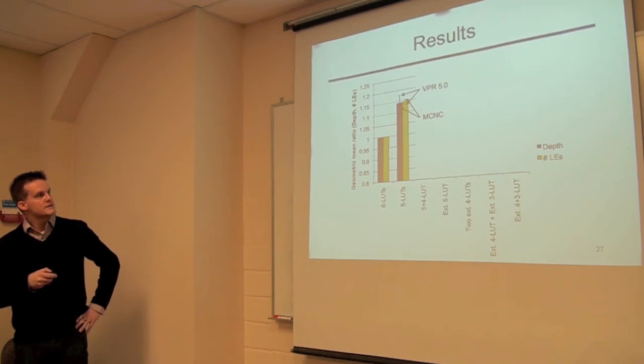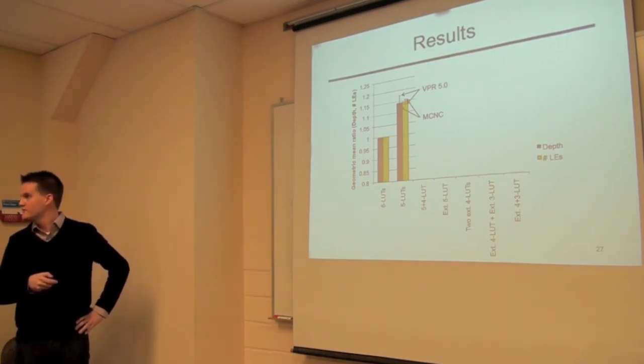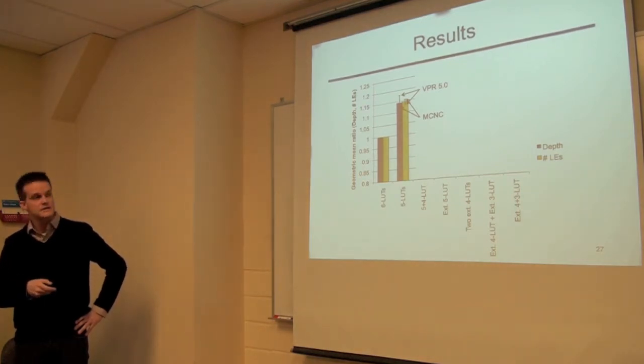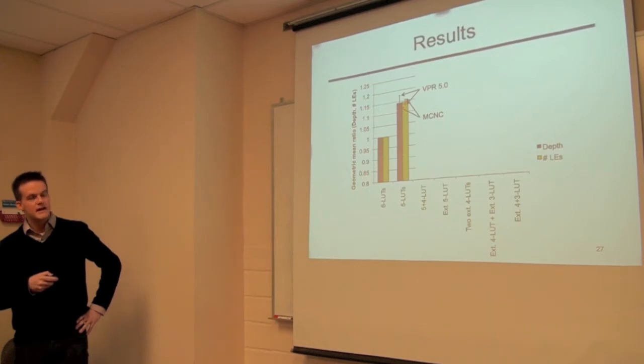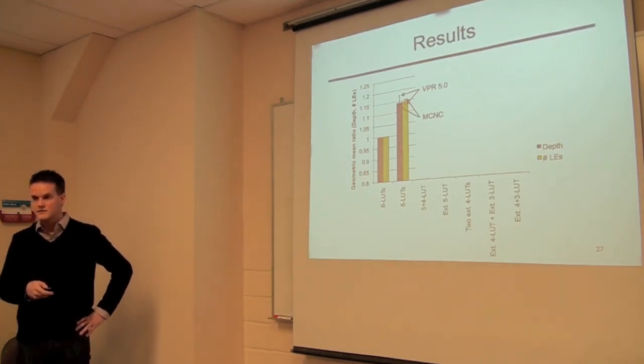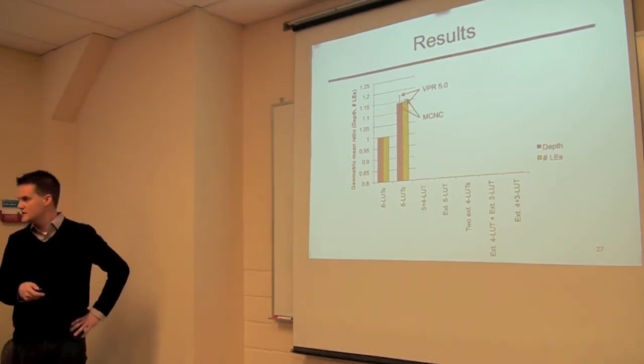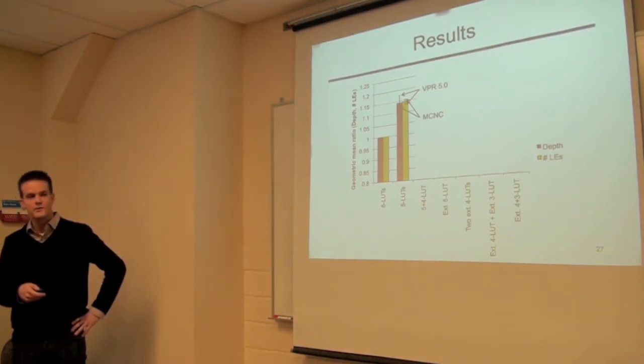The VPR5 circuits are deeper than the MCNC circuits. The hit for 5 LUTs depth is higher for the VPR5 circuits. However, they consume a little bit less area than the MCNC circuits relative to 6 LUTs. Now let's take a look at the new architectures that we proposed in this paper.